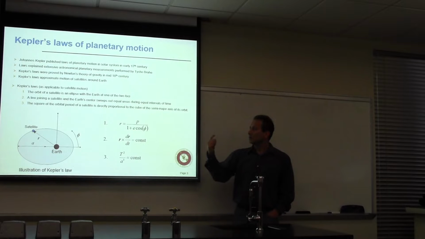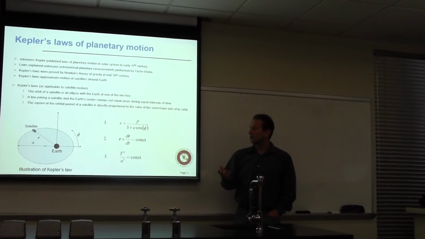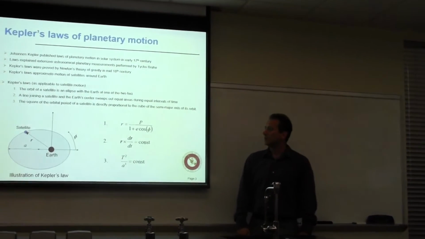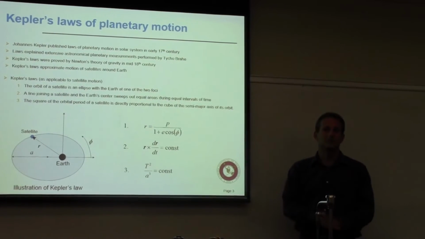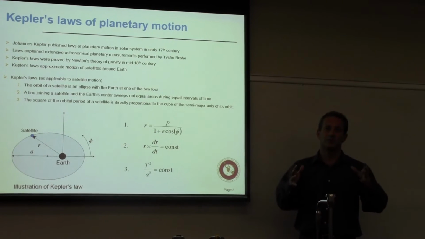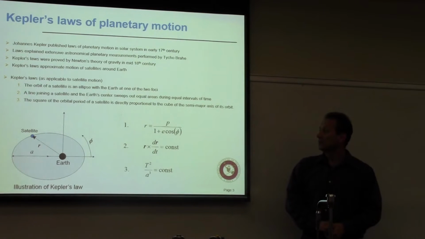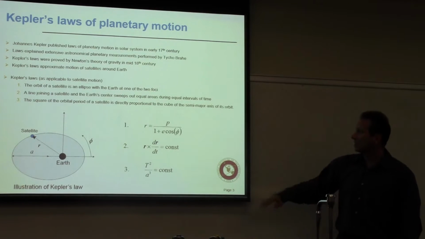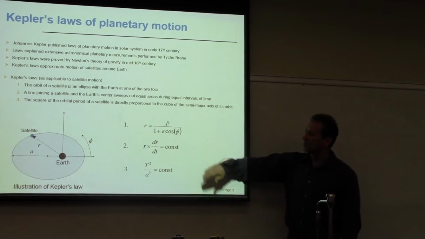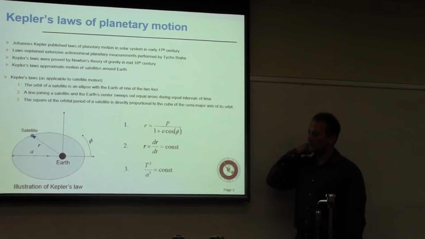So satellites orbit the Earth on an ellipse, where the Earth is located at one focal point of the ellipse. The ellipse is a very general, very flexible structure. A special case of the ellipse is a circle. A circle is an ellipse with zero eccentricity. Therefore, a circular orbit is one of the orbits that we're going to be dealing with. But in general, this equation in polar coordinates describes the path of the satellite around the Earth.